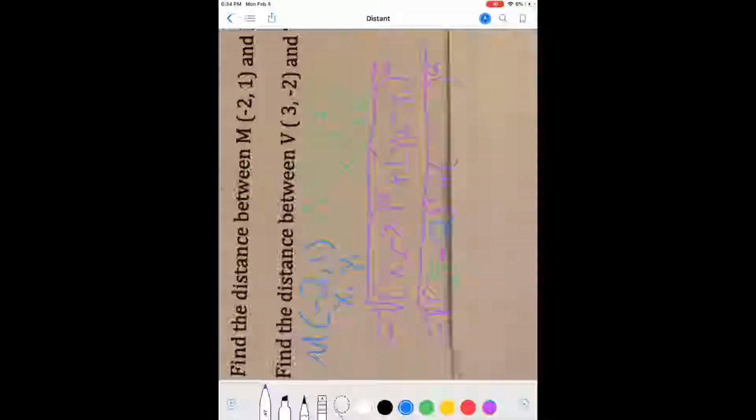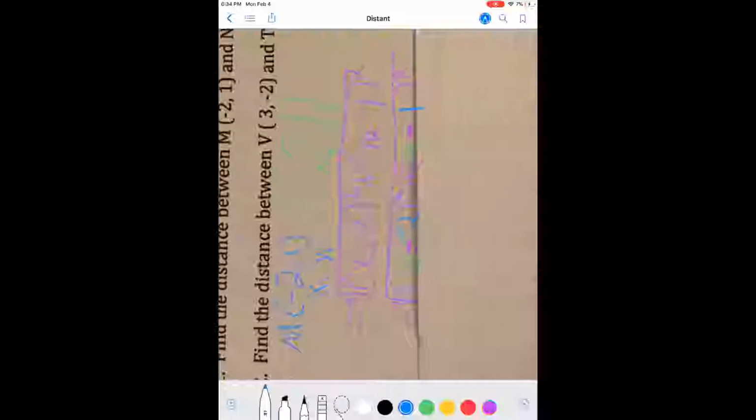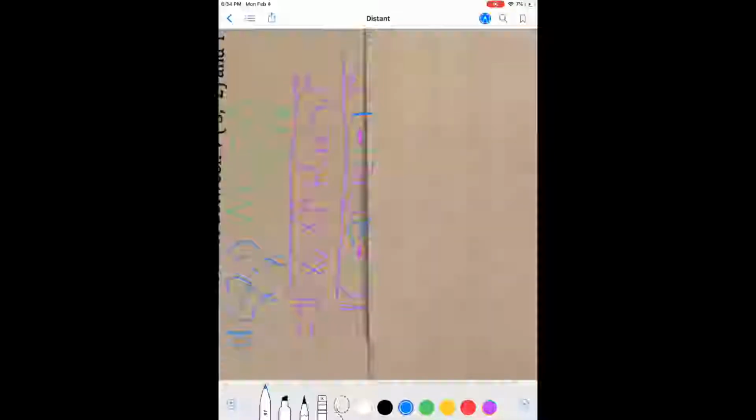In the second parentheses, we're looking at our y's. So we have 4, still have our subtraction in the middle, and then our y1, which is 1. Once we have our values from our points plugged into our distance formula, we're simplifying.